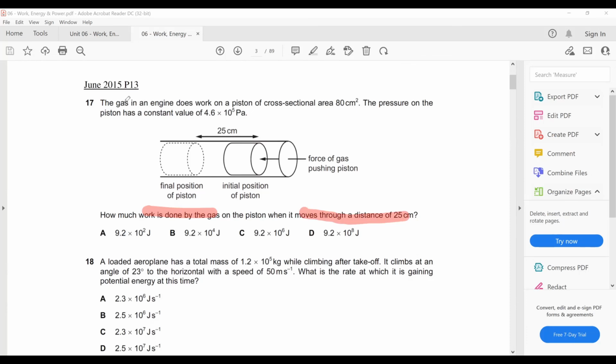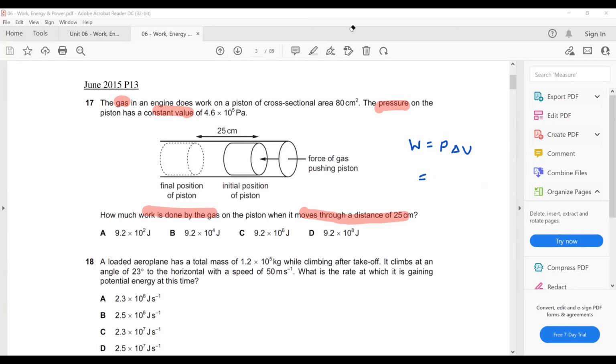So whenever you see mention of gas, and then you see mention of pressure, constant pressure specifically, and after that they ask you work done by the gas, automatically you should just use this: work done by gas is equal to pressure times change in volume. Pressure here is going to be 4.6 times 10 power 5.